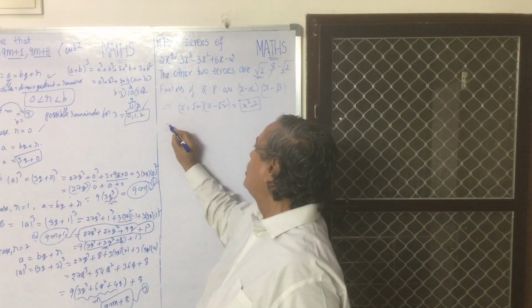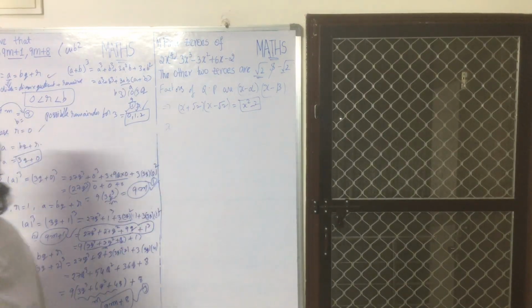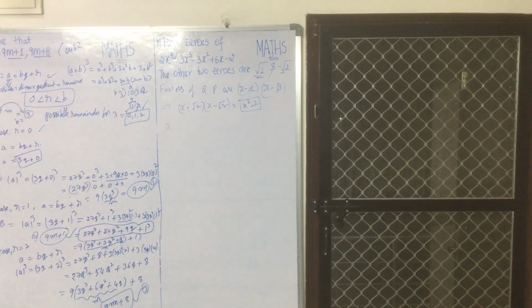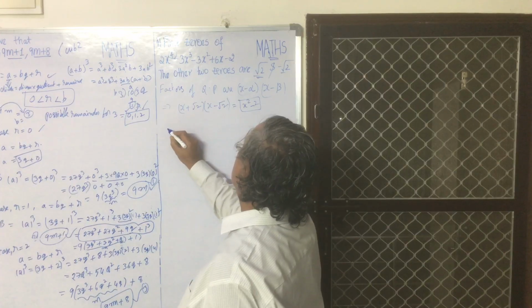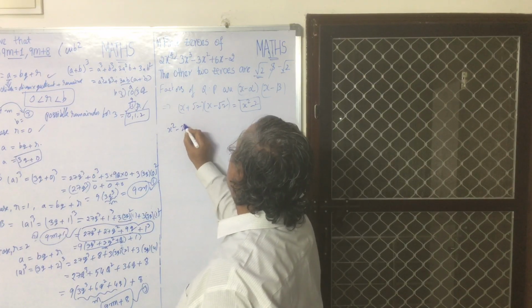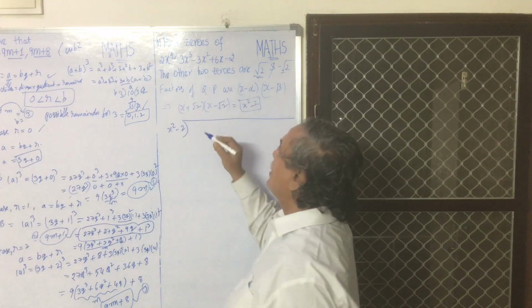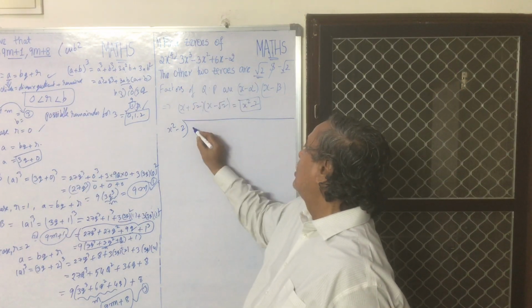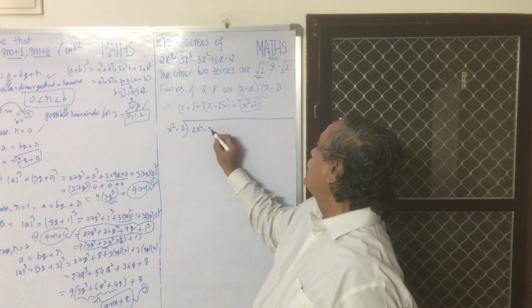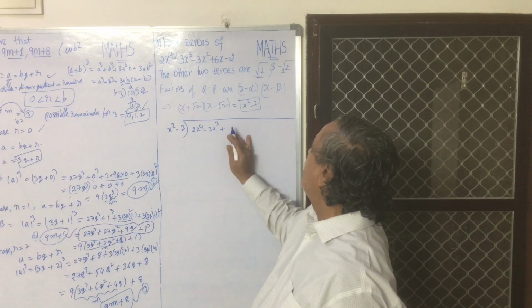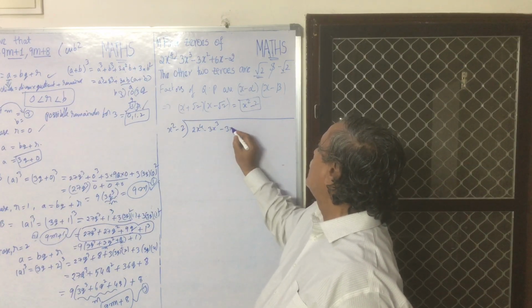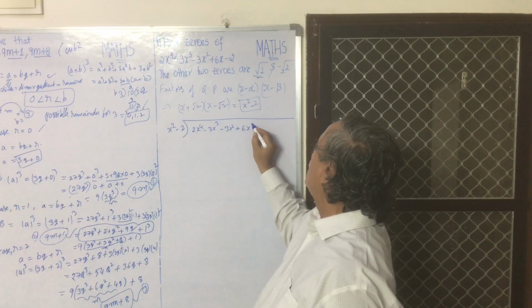Now the division. What is p of x? p of x is equal to 2x to the power of 4 minus 3x cube minus 3x square plus 6x minus 2.